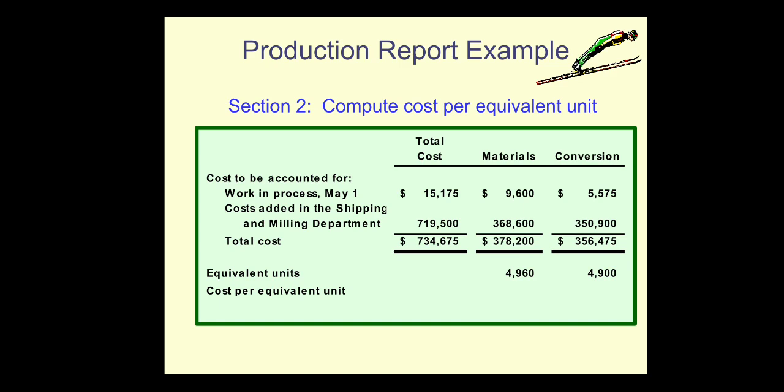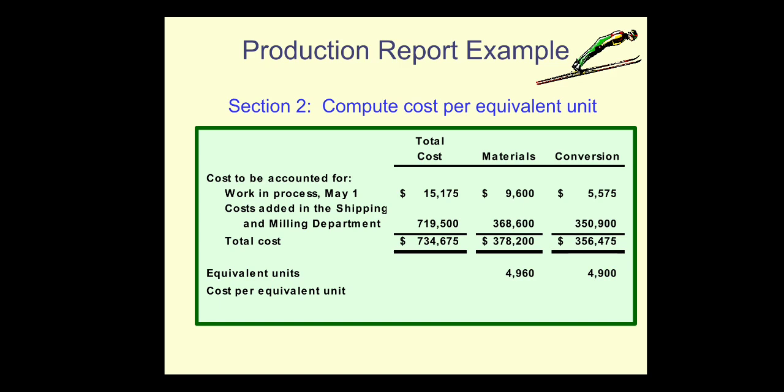So total cost added during the month of May is $719,500. Total cost during the month is $734,675.